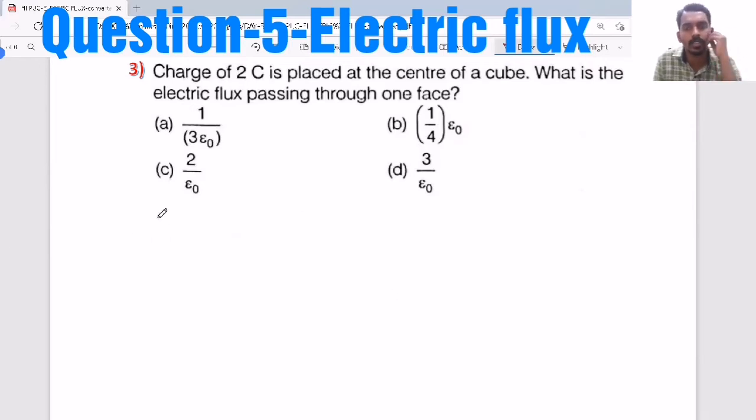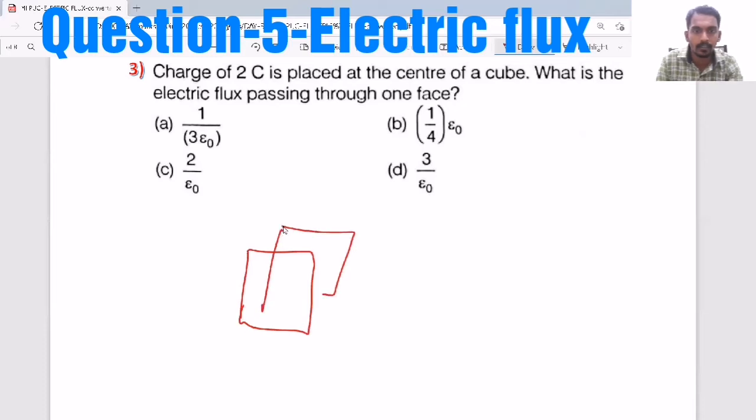Now here comes another question. A charge of 2 coulomb is placed at the center of a cube. So one cube is there, and one charge is at the center of the cube. What is the charge value? That is 2 coulomb.